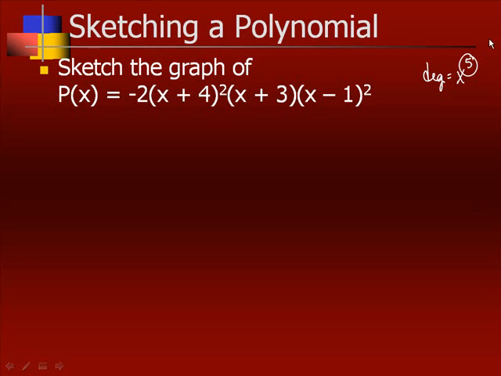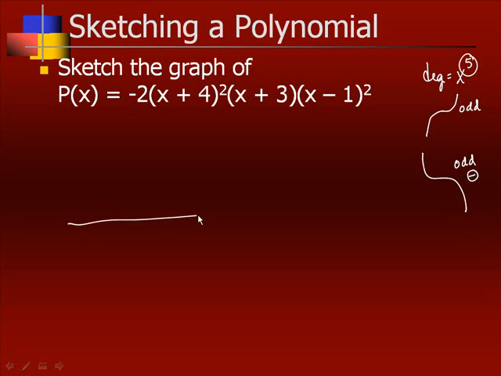Okay? So remember, x to the odd power, the graph looks like this. But an odd power with a leading coefficient of -2 flips it, so the graph would look like this. So this is an odd power with a negative coefficient.